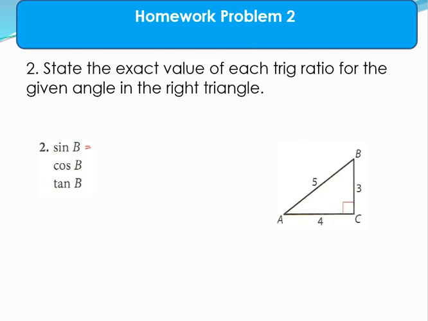Sine will be opposite over hypotenuse. And the opposite of angle B will be 4, and the hypotenuse is 5.